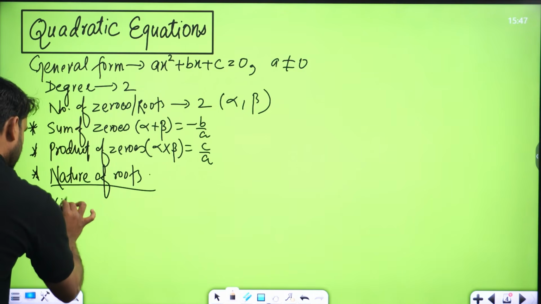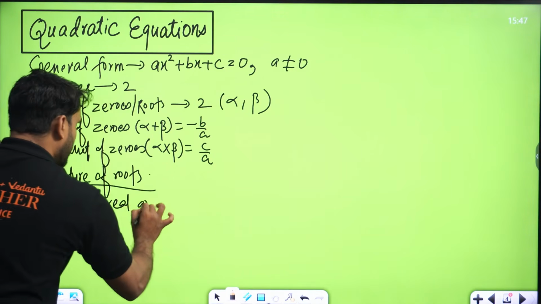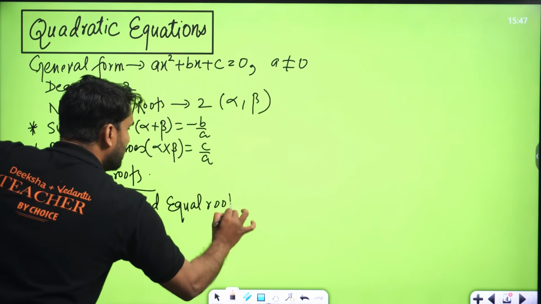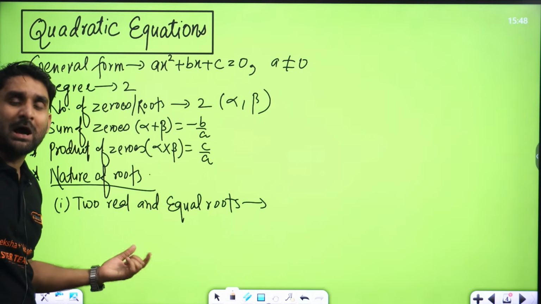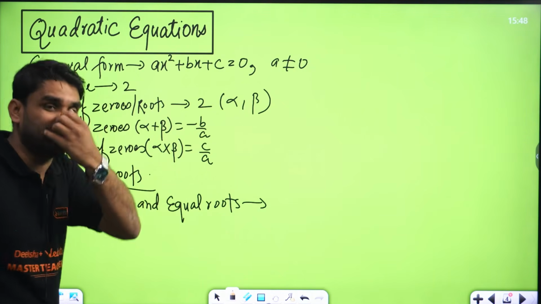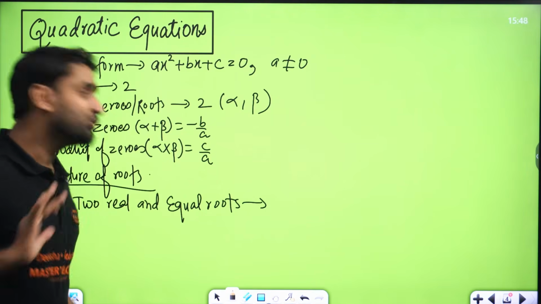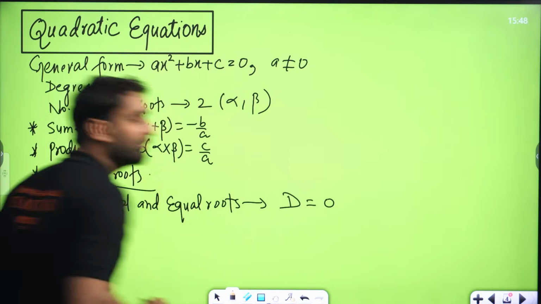So the first condition is 2 real and equal roots. Sometimes we get 2 real and equal roots. But how can we recognize that a quadratic equation has 2 real and equal roots? There is a very important formula, the discriminant.